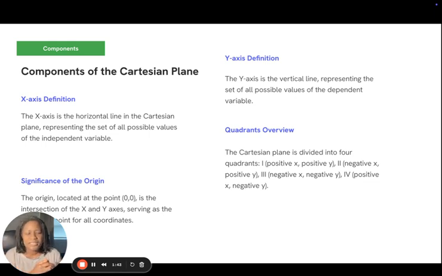So when we're looking at the Cartesian plane, you have your X-axis, which is your horizontal plane. You have your Y-axis, which is your vertical plane, or your vertical axis. And you have quadrants, called a quad, 4, because there are 4 quadrants that are formed by these two axes splitting the plane.